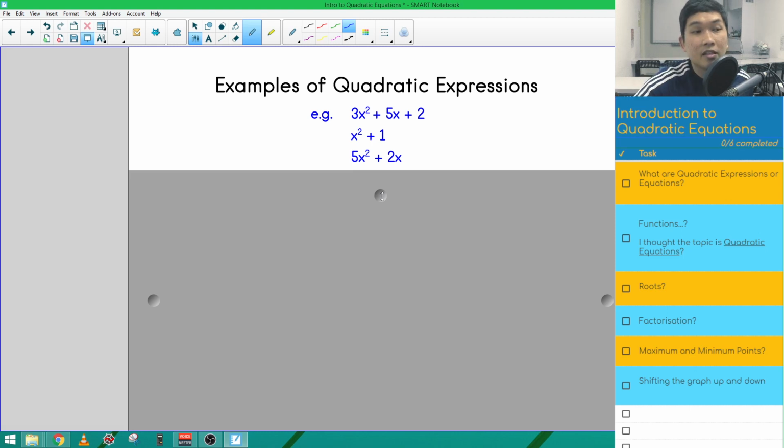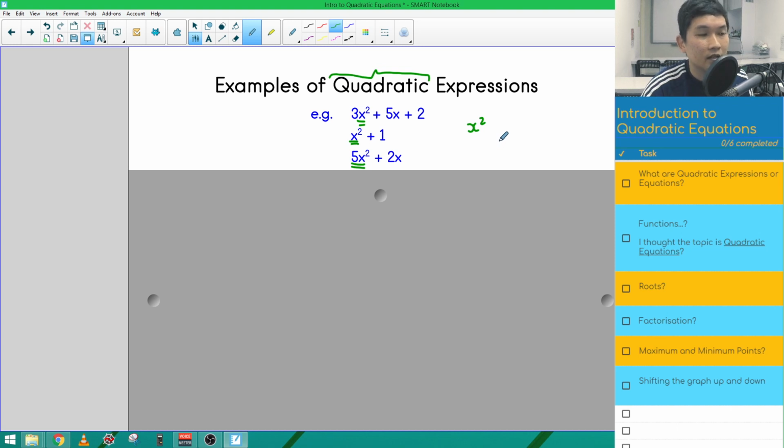They are all considered to be quadratic because you have an x squared term. In fact, it's 3x squared in the first, 1x squared in the second, and 5x squared in the third. So as long as you have your x squared term, you're considered quadratic. Remember that quadratic actually just means square, and that's why you must have an x squared term to be considered quadratic.